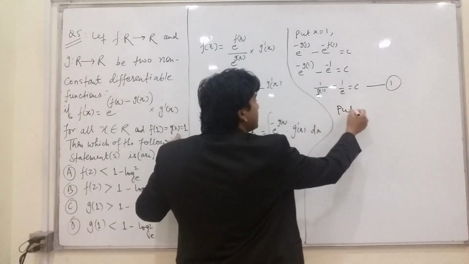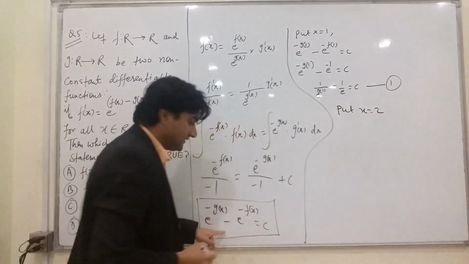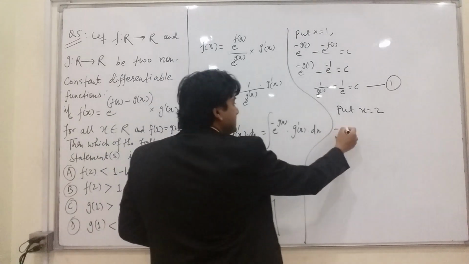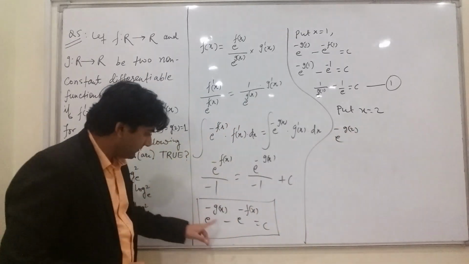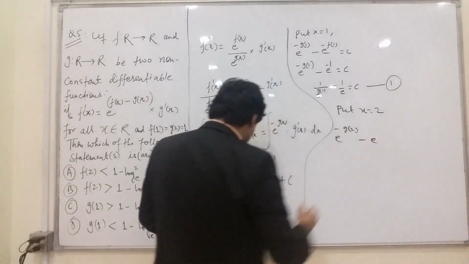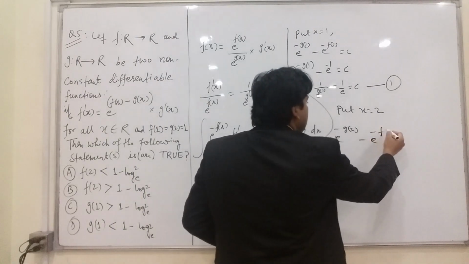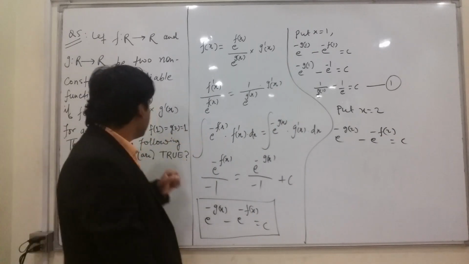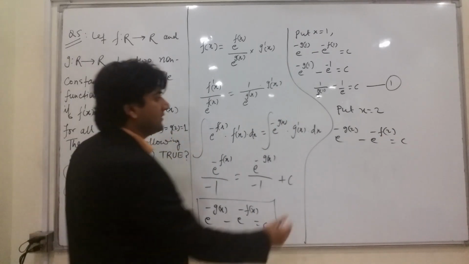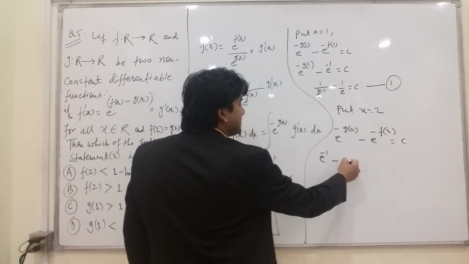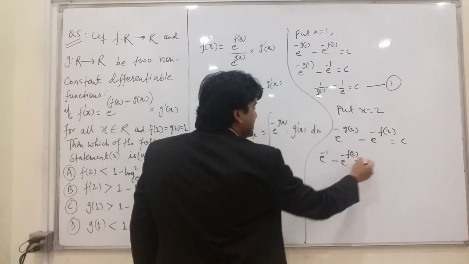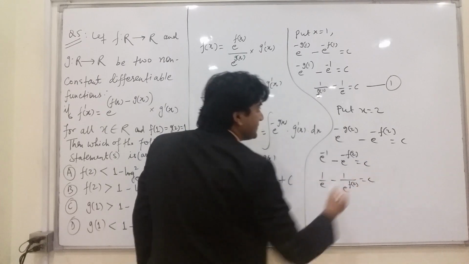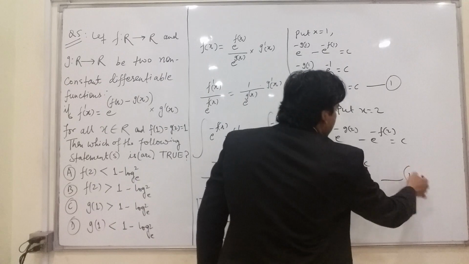So put x equals 2 in this equation, then you will have e raised to minus g(2) minus e raised to minus f(2) equals c. Now g(2) is given to you, that is 1. So this is e raised to minus 1 minus e raised to minus f(2) equal to c, which is 1 over e minus 1 over e raised to f(2) equal to c. And this is your second equation.